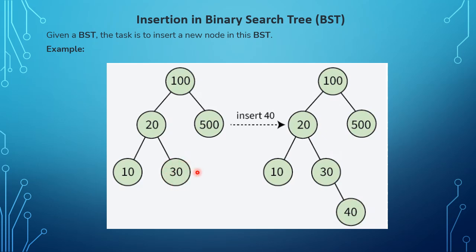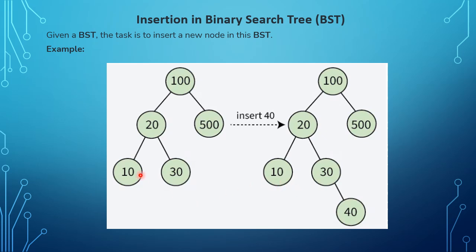So 40 checks again with 30, and 40 is greater than 30, so it jumps to the right side of the 30. But observing the right side of the 30, it has no element, that is null, so it occupies the space there. So it creates a link with 30 at the right side of the 30. So this is what happens in the insertion operation.